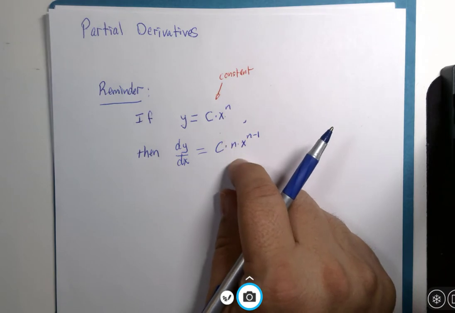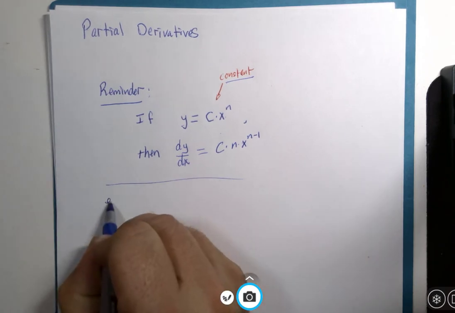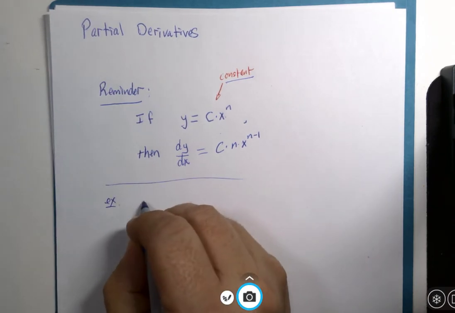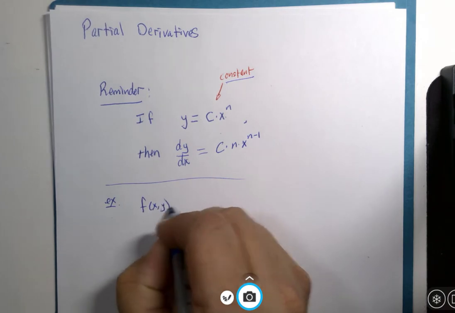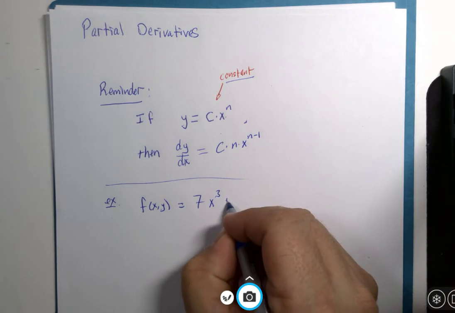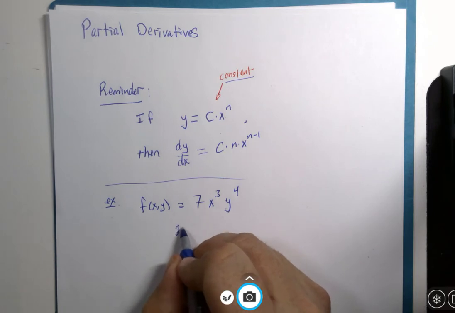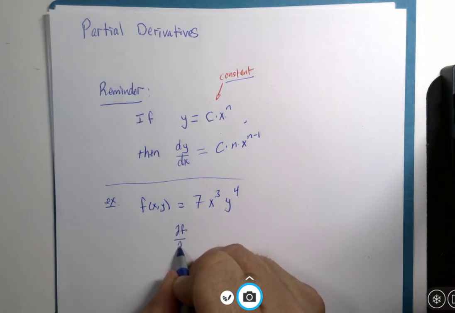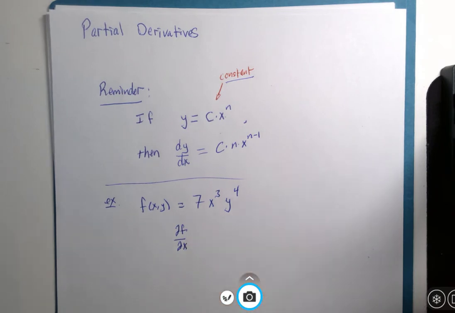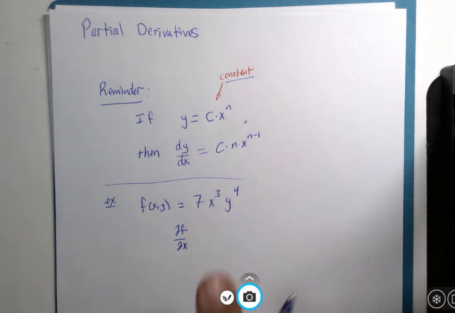I cannot stress enough, when you're doing partial derivatives, you must keep track of the constant. You have to keep track of it. So if we have, for example, a function of x and y is 7x to the third y to the fourth, and you are asked to find the partial derivative of that function with respect to, let's say, x, that means we treat y as the constant.